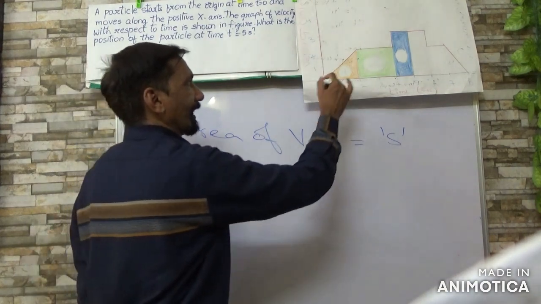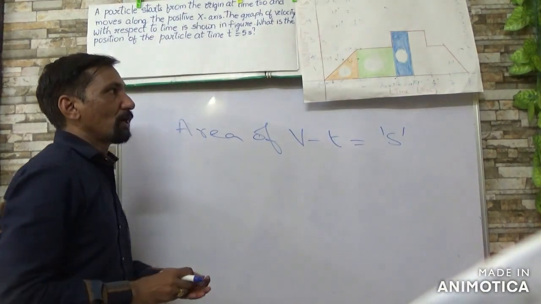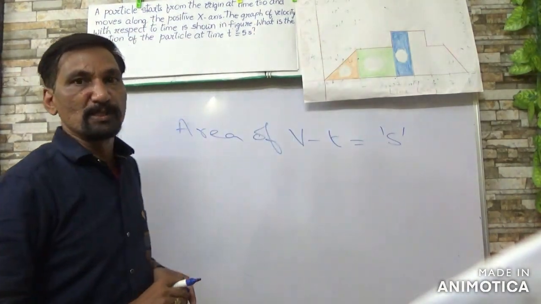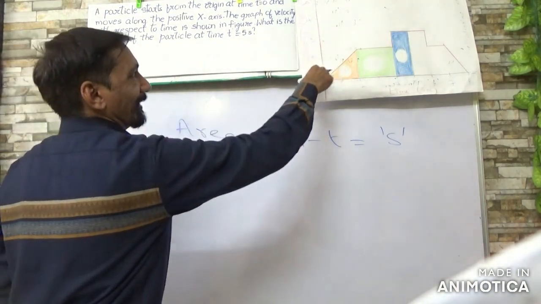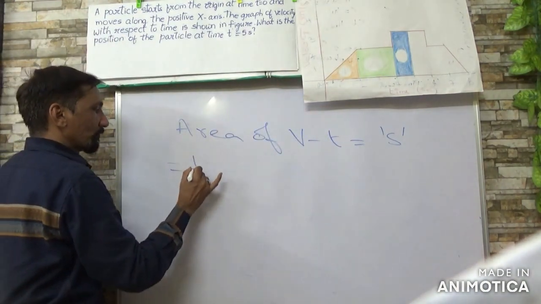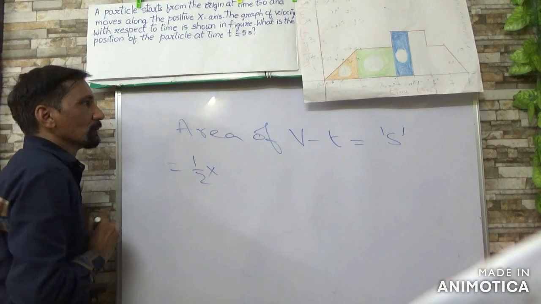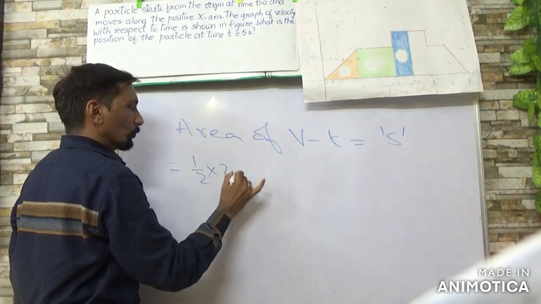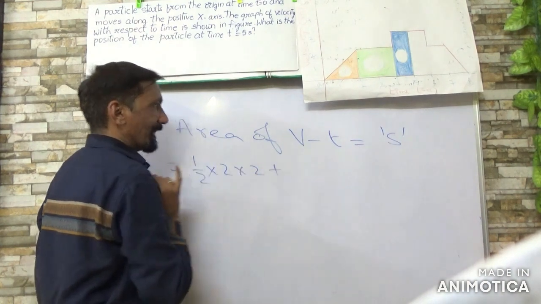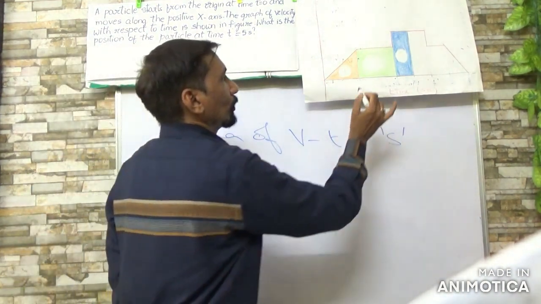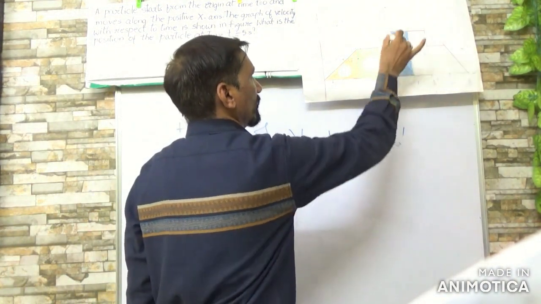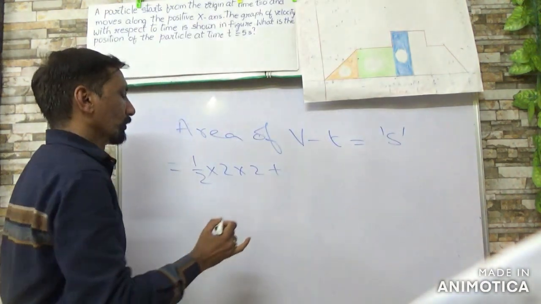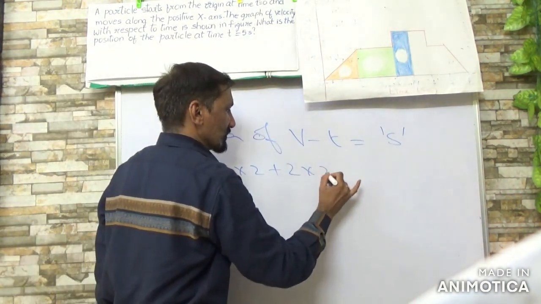First one is a triangle, and all are on the positive side, so they must be added. Triangle: half base into height, base is 2 and height is also 2. Plus 2 to 4, difference 2, this is also 2, it is a square.